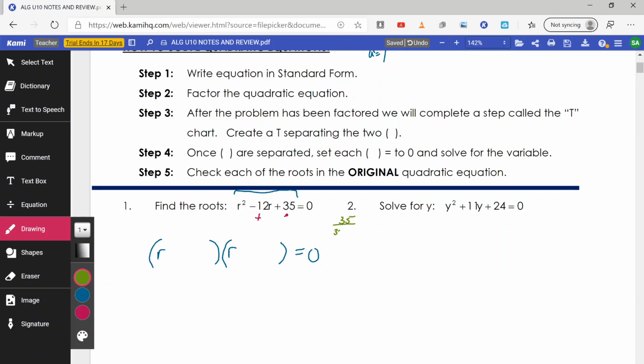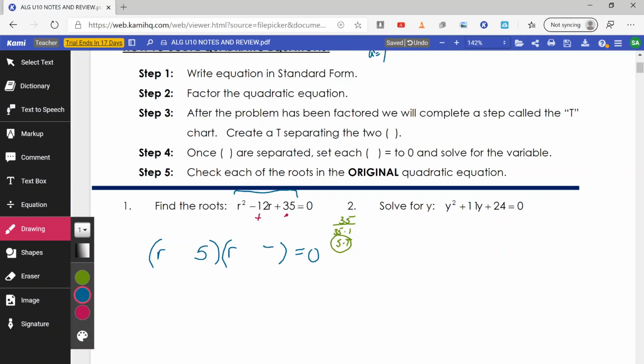Well, 35 times 1 and 5 times 7. And that's it. So which of these two pairs will give me 12? Well, 35 and 1, whenever I add or subtract them, will never ever get me close enough to 12. So 5 and 7 are the numbers that I'm going to be using.